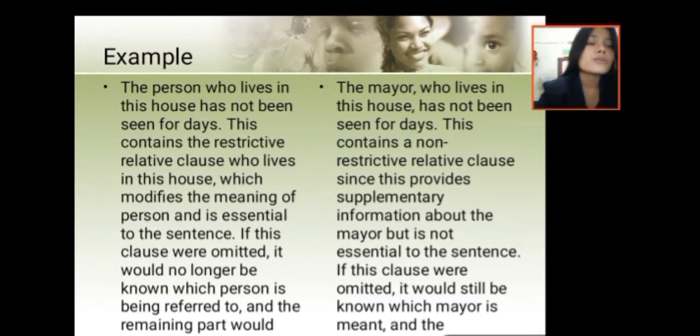And, "the mayor, who lives in this house, has not been seen for days." This contains a non-restrictive relative clause since this provides supplementary information about the mayor but is not essential to the sentence. If this clause were omitted, it would still be known which mayor is meant, and the remaining part would still make sense.